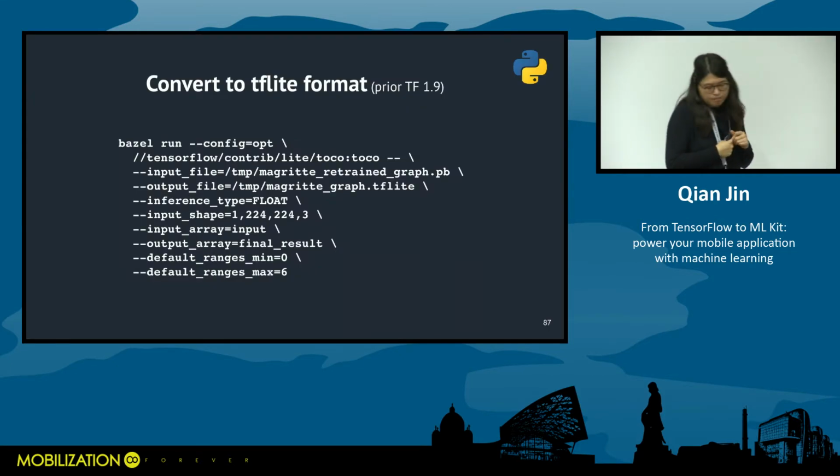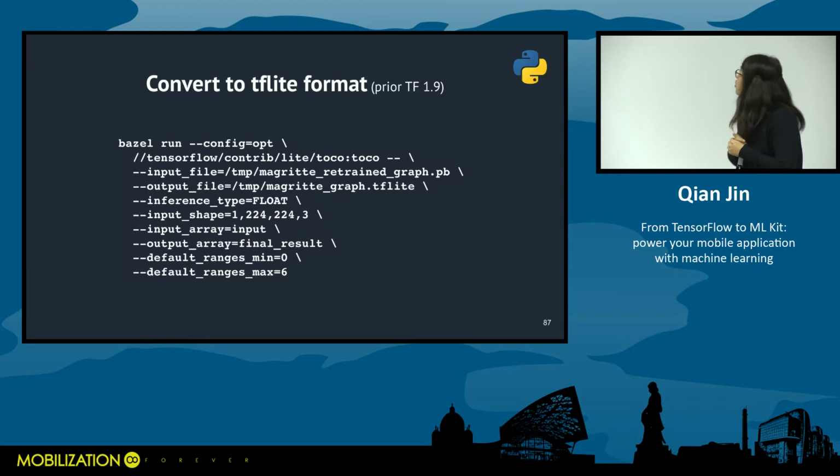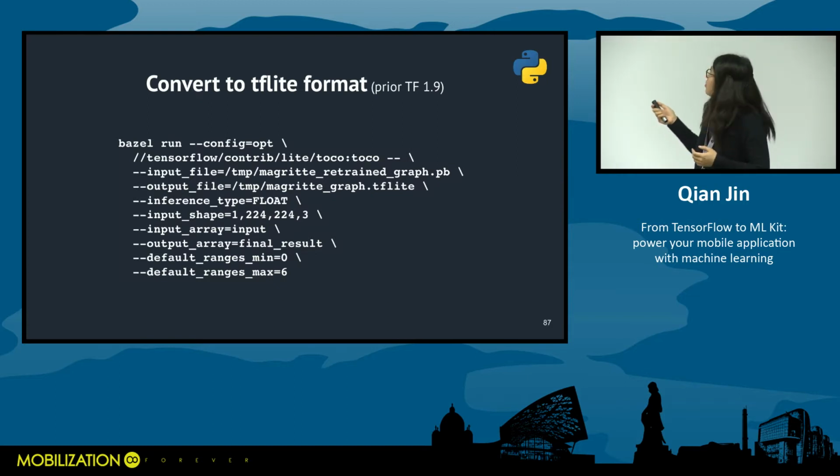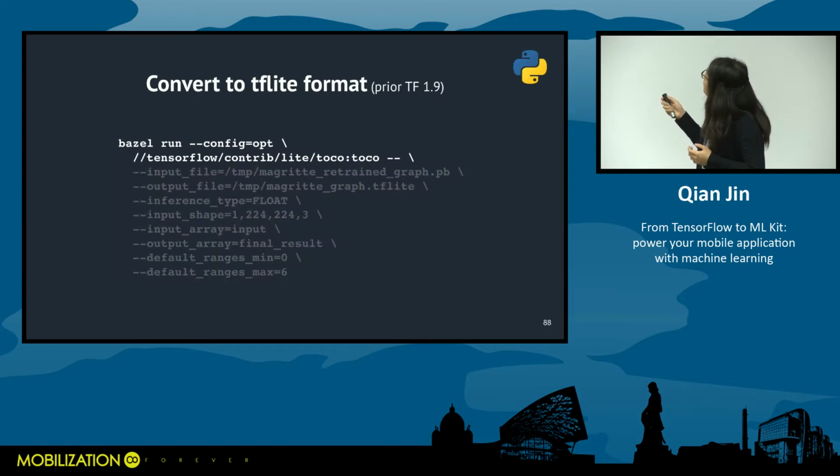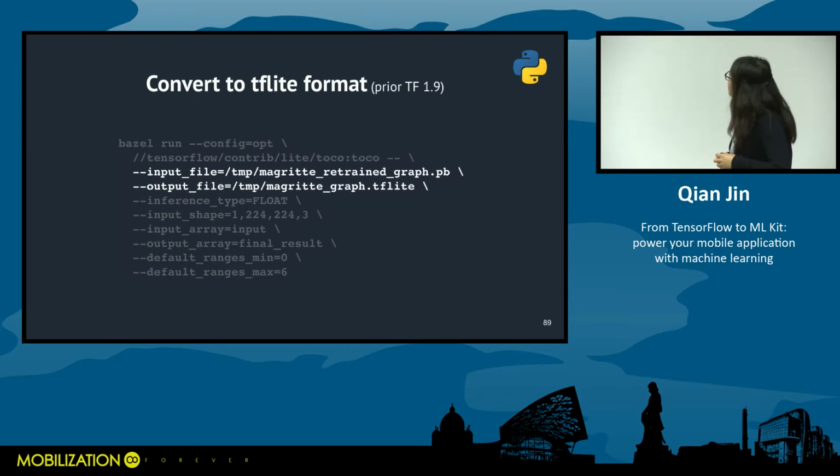So I was stuck for a while, just doing the conversion. As you can see, I used Bazel again because the TensorFlow converter was just broken. The TOCO was the TensorFlow converter at the time. Actually, the conversion script is very simple. Everybody can do it without problem.